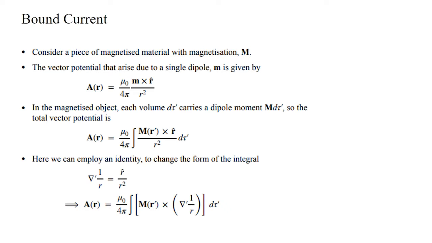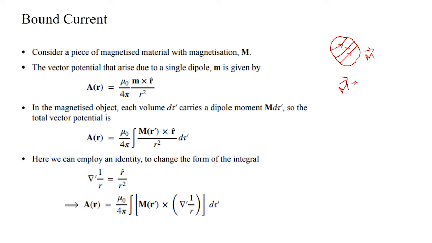Using this we are going to show, if I have a magnetic material which has a permanent magnetization M, similar to the permanent polarization in the electrostatic case, then M can be represented as the magnetic moment per unit volume.